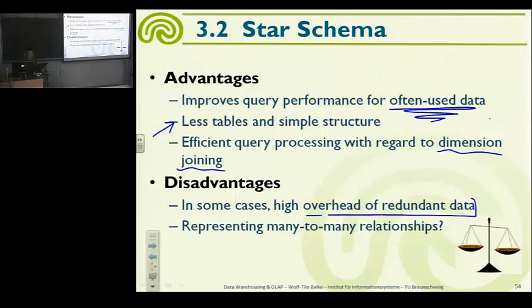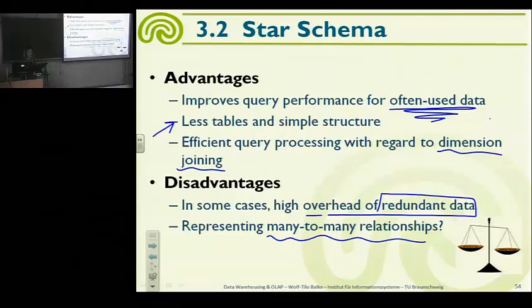But of course, you're introducing a lot of redundancy, which can be an overhead in terms of storage. And the question arises as to how to represent many-to-many relationships as well. Because what we had before were one-to-many relationships, and these are easy to represent in one table.